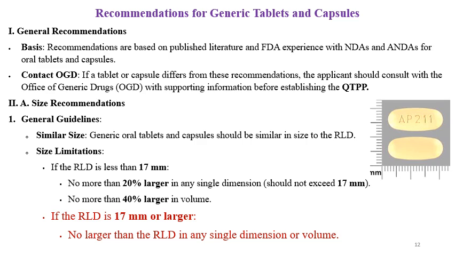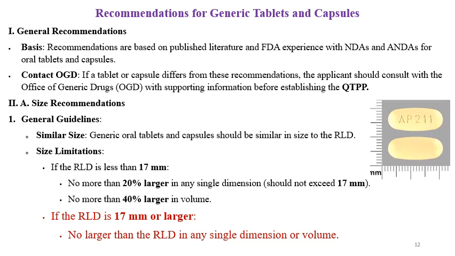If the RLD is 17 mm or longer, then no larger than RLD in any single dimension or volume. So if you are working on a formulation for which the RLD is having a dimension of 18 mm, for those types of formulations, the generic applicant is required to have similar size and shape, and no size limitation is given like more than 20% in larger or longest dimension or volume.